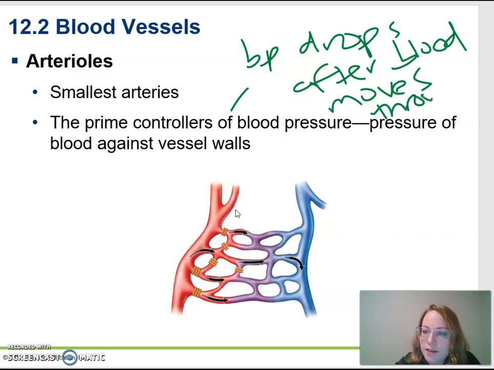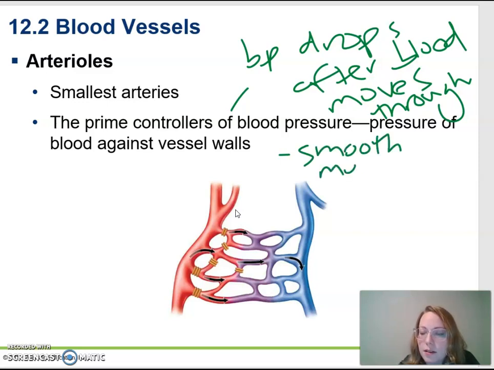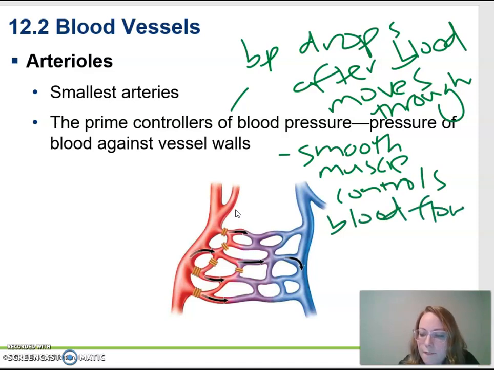Blood pressure drops after blood moves through there. So in the capillaries and venules, it's going to be really low pressure. So they've got lots of smooth muscle, and so they're going to control where blood flows within organs.